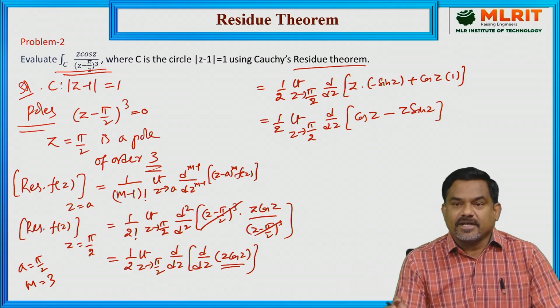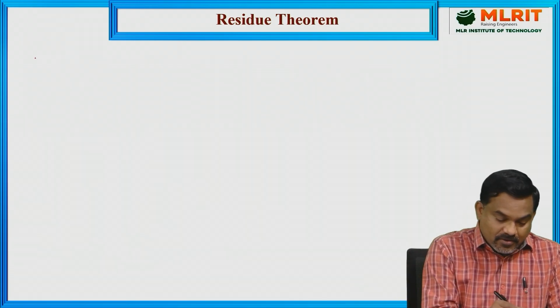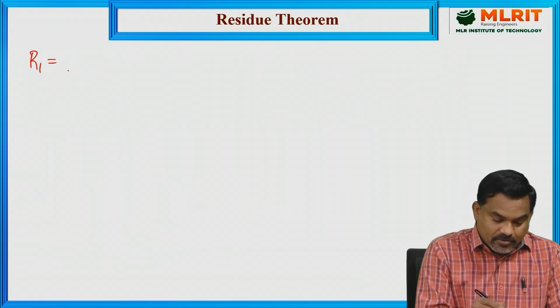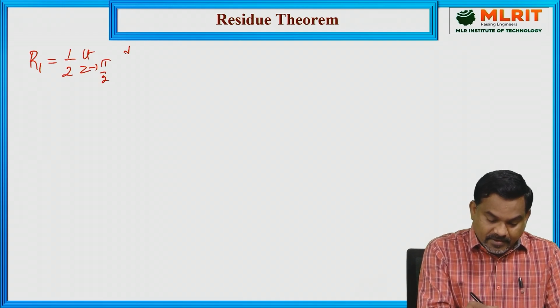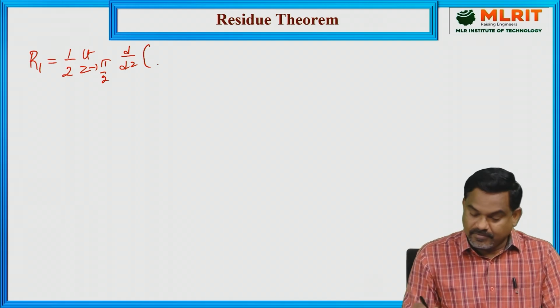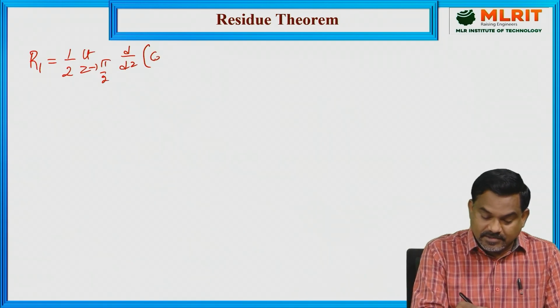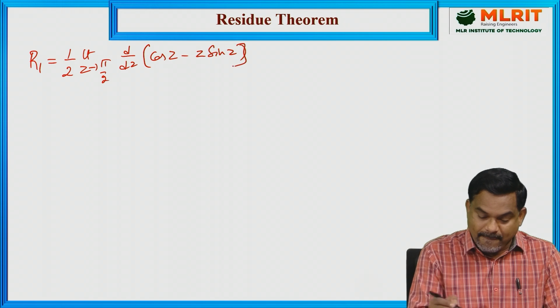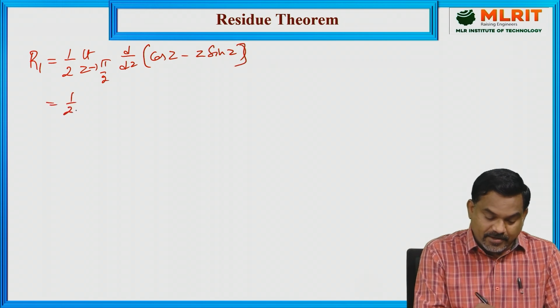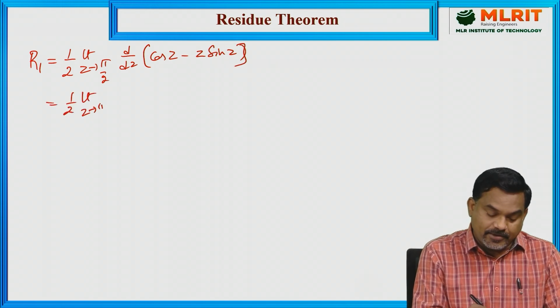Similarly, we need to differentiate it again. So the residue is 1 by 2 limit z tends to pi by 2 d by dz of cos z minus z sin z. So that is 1 by 2 limit z tends to pi by 2.